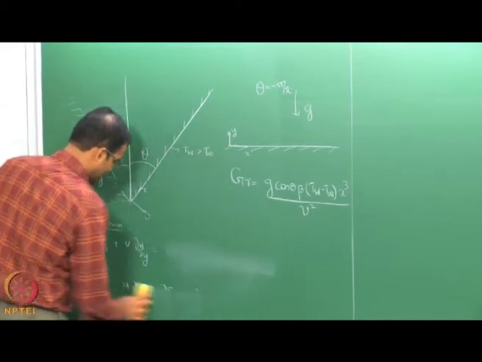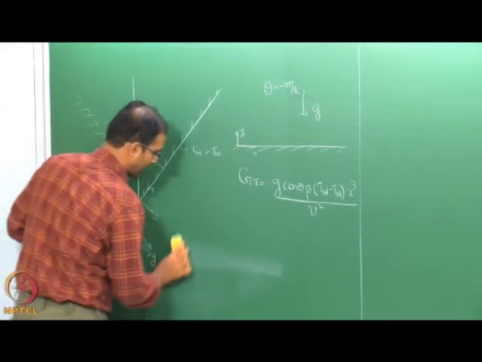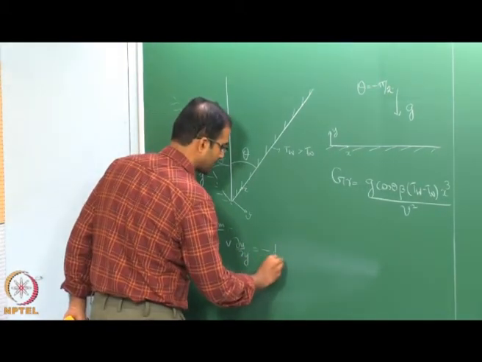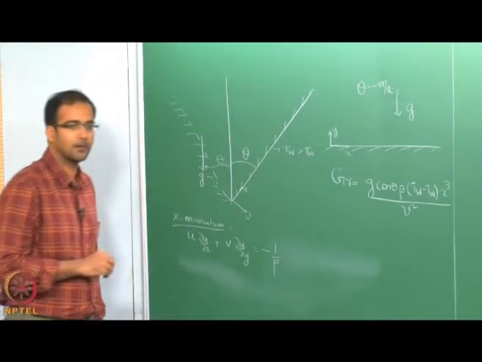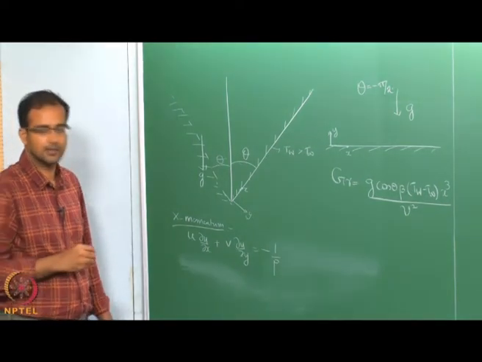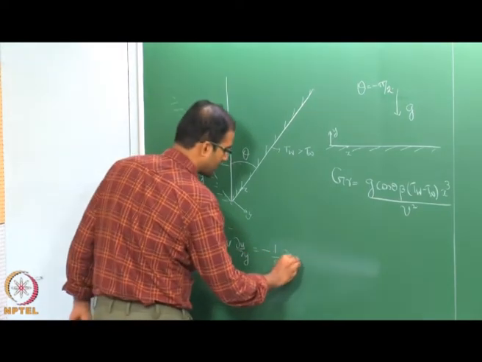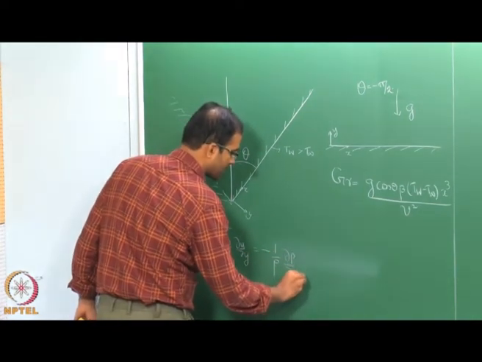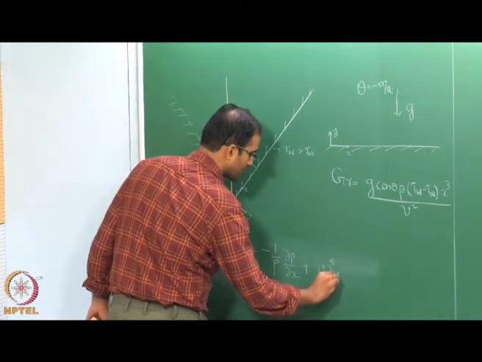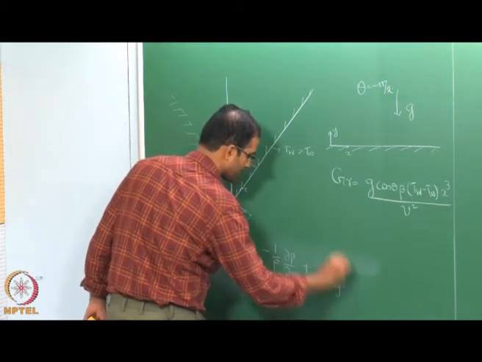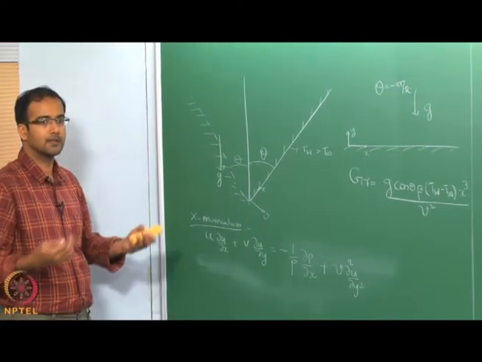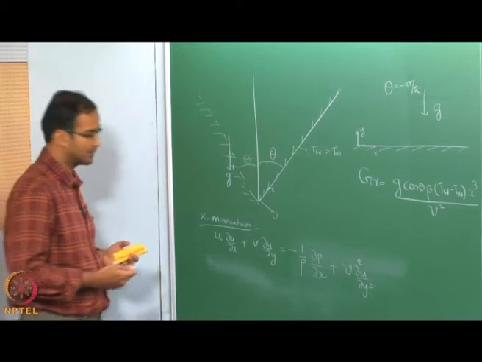So, in that case, what will be the x momentum? Okay. So, in this case you cannot include the Boussinesq approximation in the x momentum, because there is no gravity in the x direction. So, you just write your boundary layer equations. So, this will be your x momentum. Now, the effect of buoyancy will be felt in the y momentum equation. Okay.